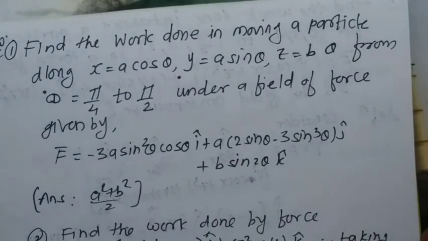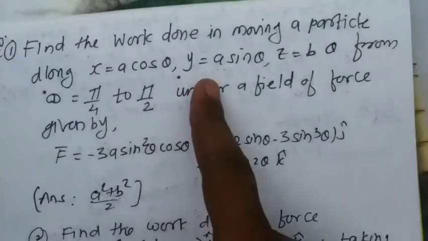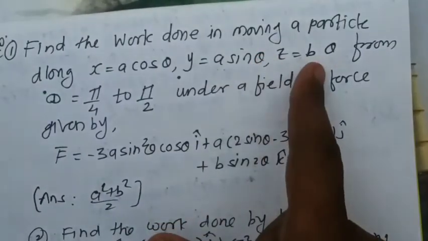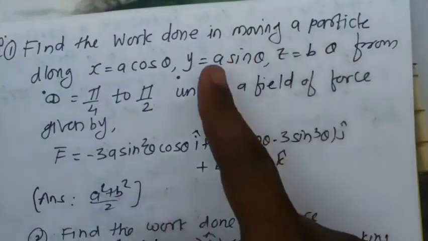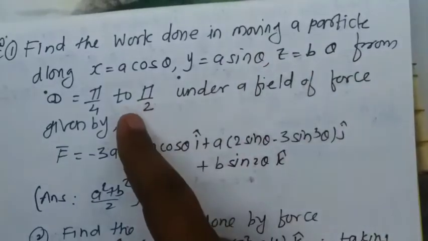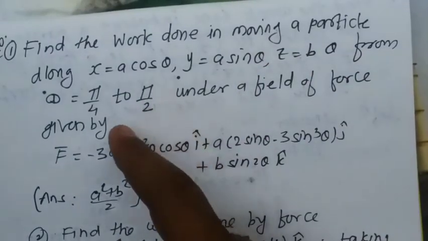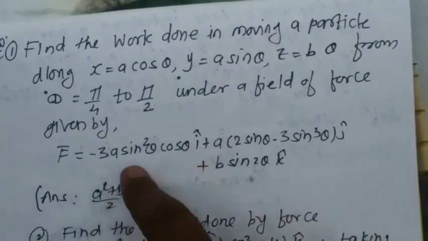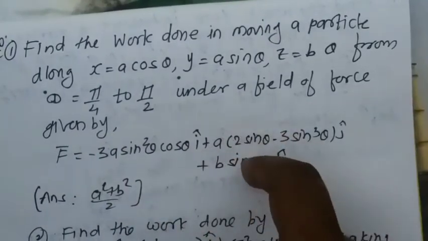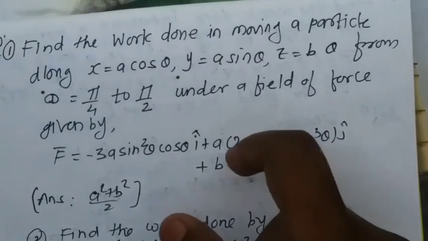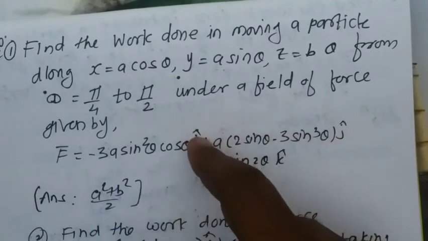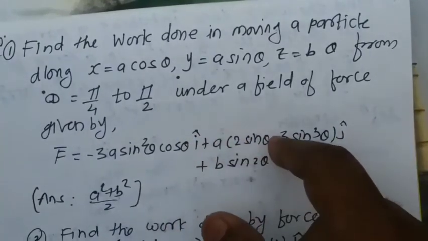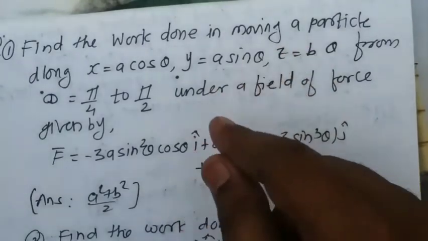Find the work done in moving a particle along x equal to a cos theta, y equal to a sin theta, z equal to b theta, which are the parametric equations of x, y, z, from theta equal to pi by 4 to pi by 2, limits of theta, under a field of force given by this. Now if you see the value of f bar, it is already mentioned in terms of theta. So when you calculate work done, you need to take the dot product of f bar dot dr bar, and there you will have dx dy dz.